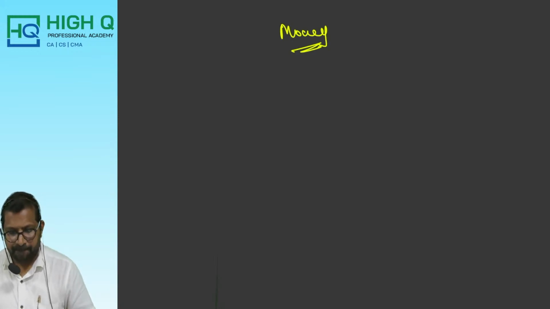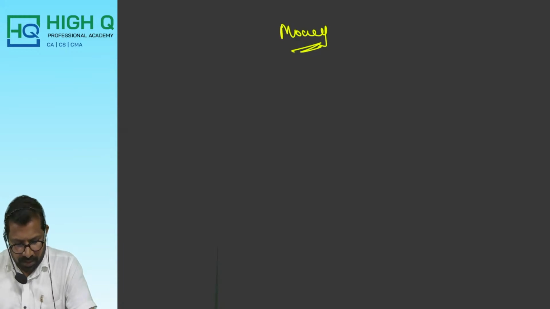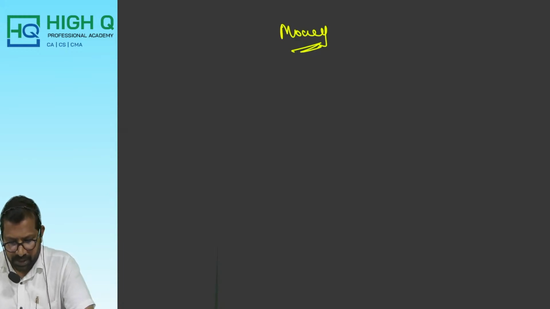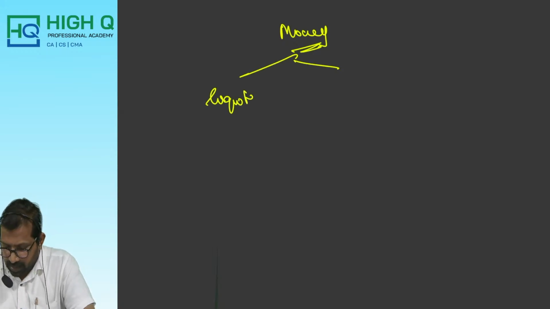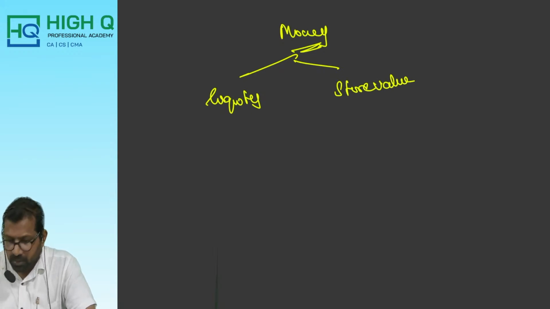The next unit is money. In this concept we are going to discuss some important points: the demand for money. For demand for money, one is liquidity, another is demand to store value.